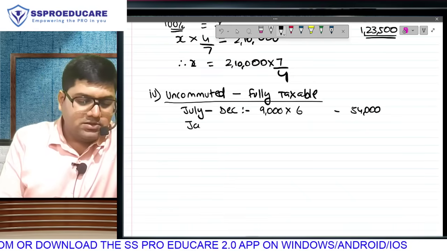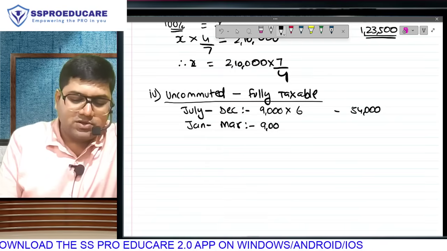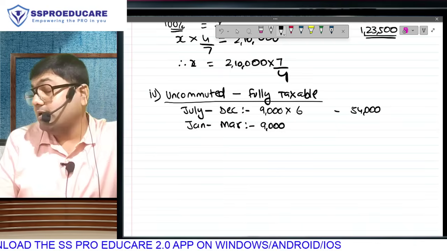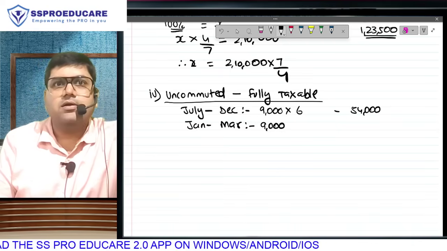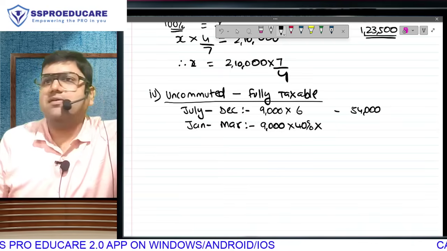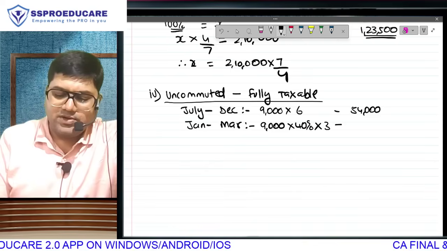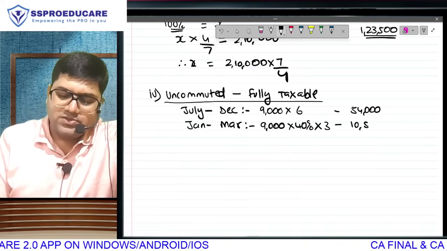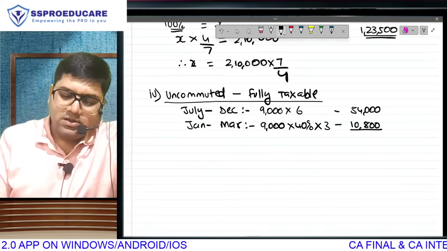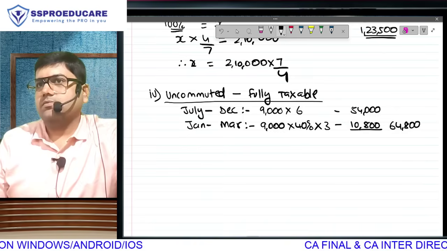Remaining months are Jan to March. इसमें am I getting 9,000? नहीं. क्यों? I will get only 9,000 का 40%. Why? Whereas the 60% gone commute में. So here it will be only 3 months, 10,800. And this will be 64,800, which is fully taxable. ये correct है?